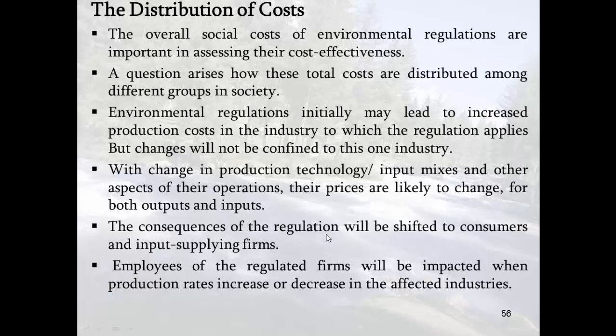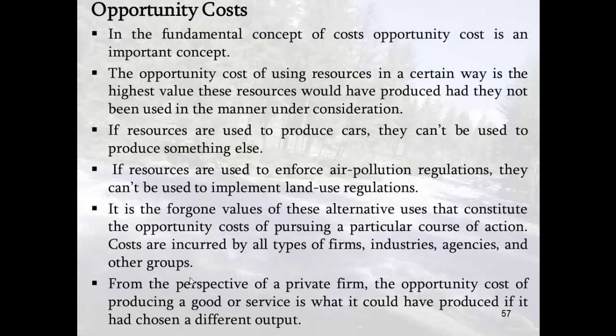The consequences of the regulation will be shifted to consumers and input supplying firms. As I discuss here, the ultimate effect of the cost of the environmental regulation will fall upon the domestic consumers. Employees of regulated firms will be impacted when the production rates increase or decrease in the affected industry.